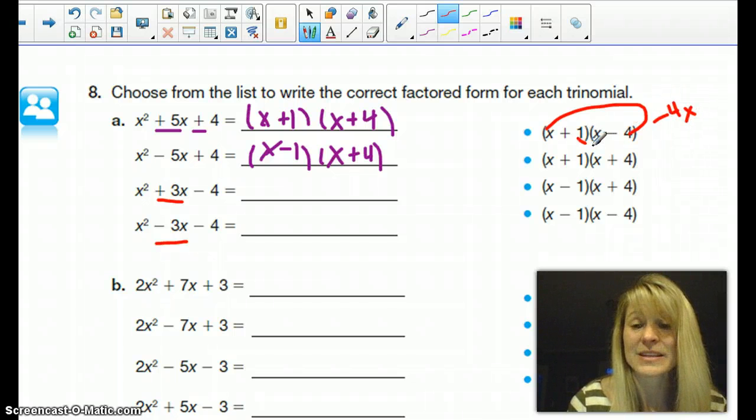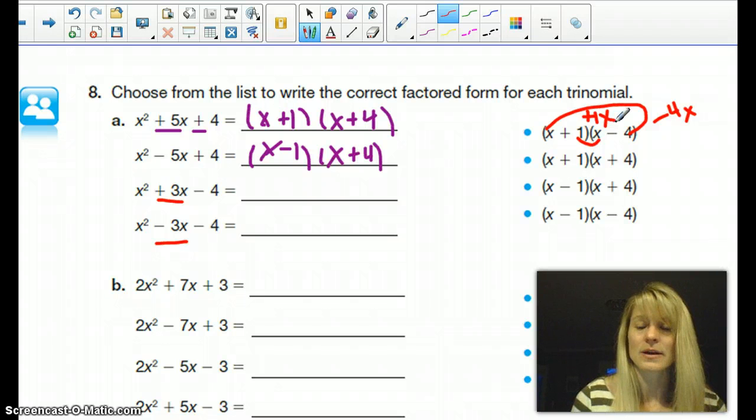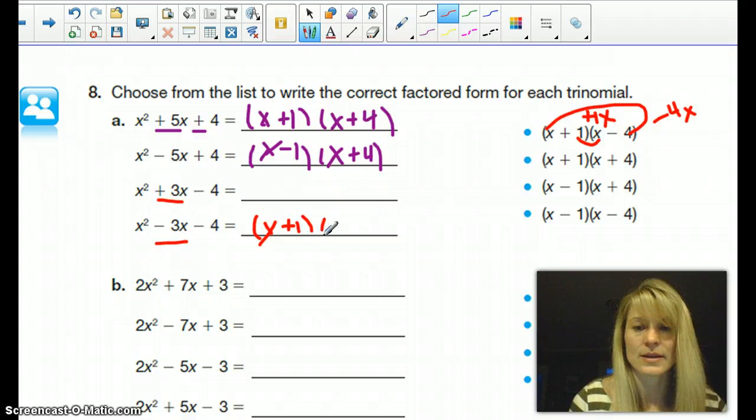And when I multiply these two terms, I'm going to get positive 1x. And if there's more negative in this case, it's going to be negative 3x, so that's going to go here. So I'm going to put x plus 1, and then x minus 4.